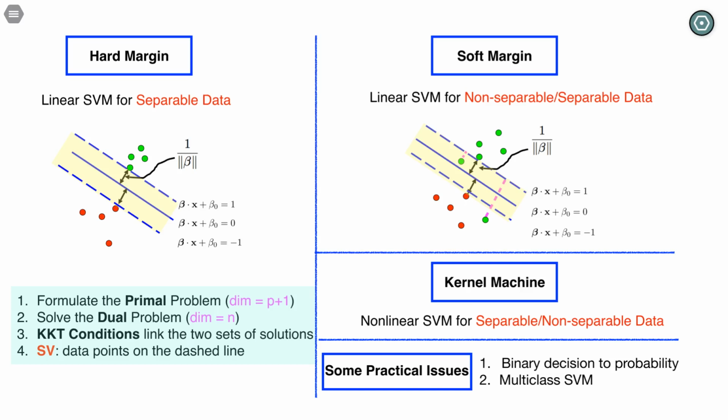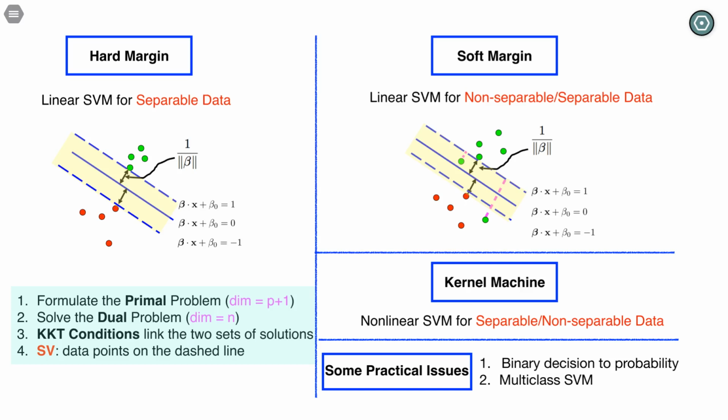We have formulated the max margin problem in terms of the slope parameter beta and the intercept beta 0. So that's known as the Primal Problem, and it has p+1 parameters we aim to estimate. And we actually solve the dual problem, where the dual problem has n parameters, lambda 1 through lambda n, one for each data point.